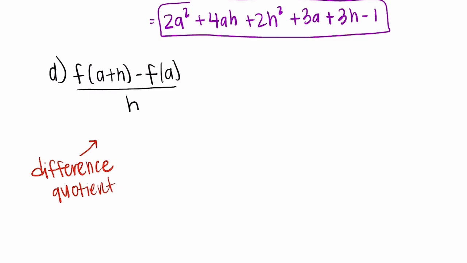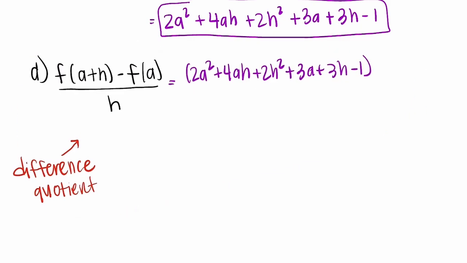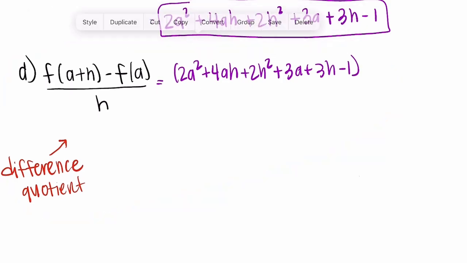So we've already found f of a plus h. That's what all of this was. So f of a plus h is our 2a squared plus 4ah plus 2h squared plus 3a plus 3h minus 1. And then we already know f of a.